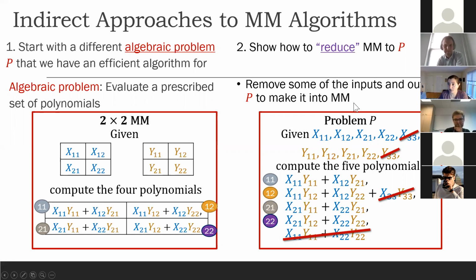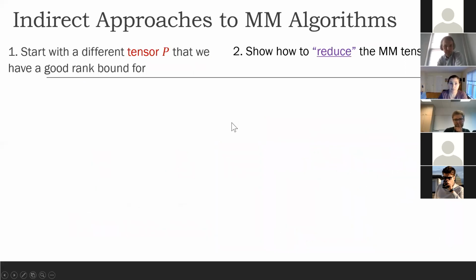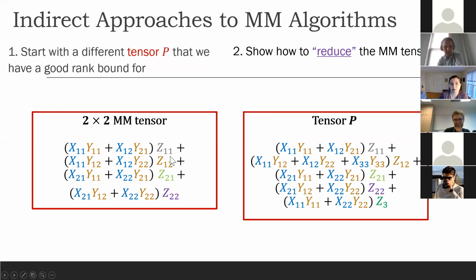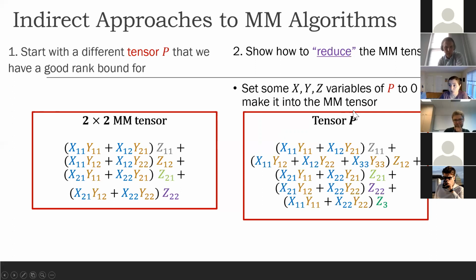Let me give you a second view of what I just said, in terms of tensors. We have the 2x2 matrix multiplication tensor, and in tensor notation, the previous problem looks like this. It has these 5 output variables, 5 x variables and 5 y variables. The way to get 2x2 matrix multiplication from this is to set variables to 0.